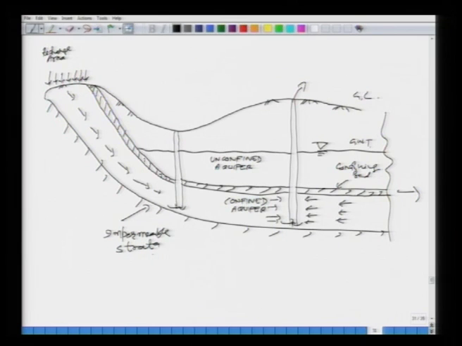And then if I draw the piezometric surface, let us say it is somewhere down here. It will be, let us say, horizontal here. I am saying it will cut here like this. So, this is your piezometric surface. What is a piezometric surface?